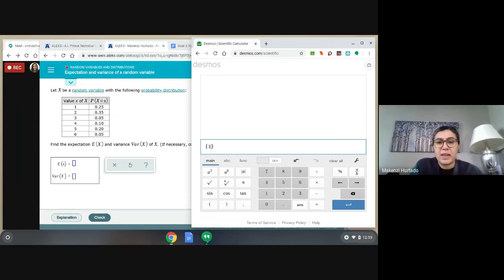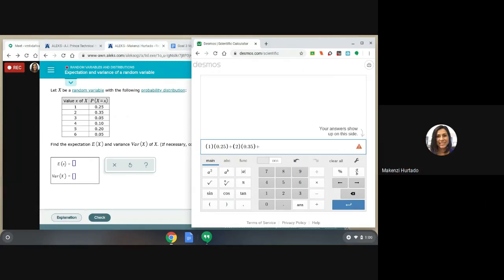So it's going to be value of 1 times 0.25 for the probability plus value of 2 times 0.35 plus value of 3 times 0.05 plus value of 4 times 0.10 plus value of 5 times 0.20 plus value of 6 times 0.05.